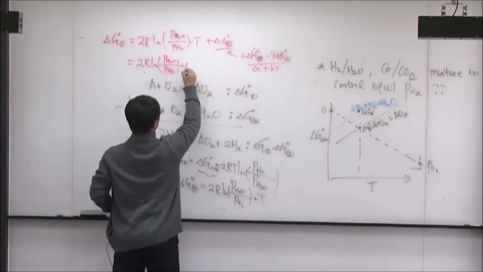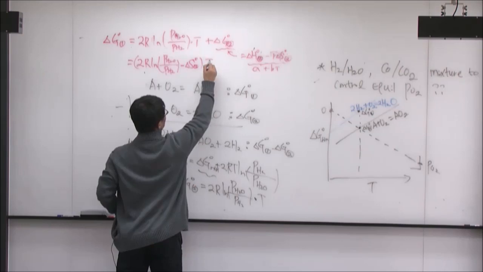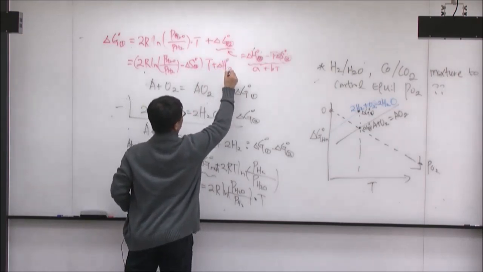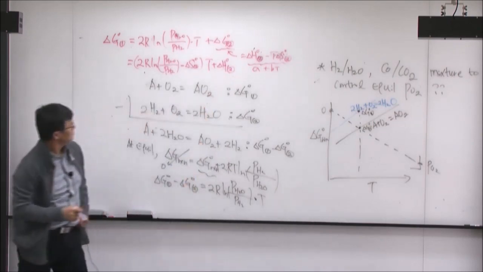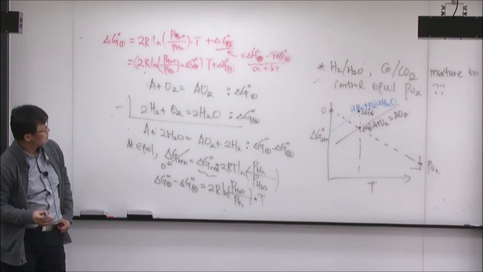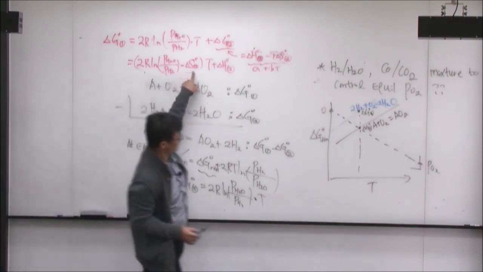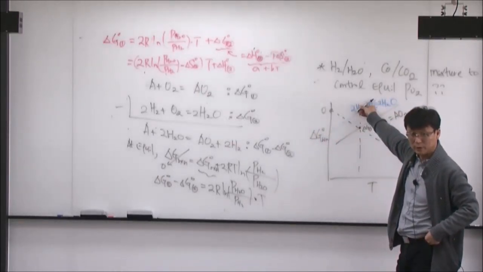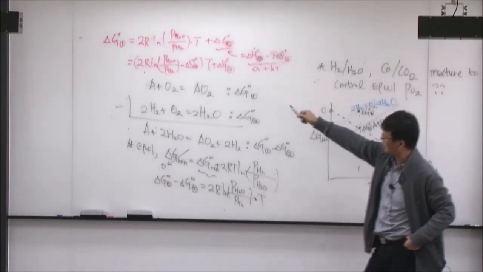Minus this delta T plus. So this is the slope here. It's a constant value, so I enter the constant value there.